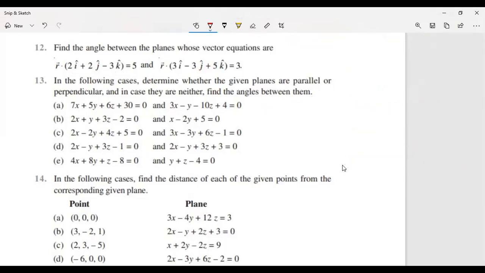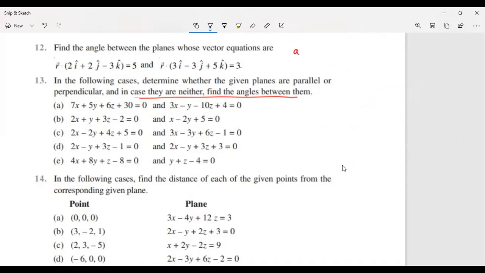Whether the planes are parallel or perpendicular, in case they are neither, find the angle between them. So first find whether they are parallel or perpendicular. You know the perpendicularity and parallel conditions.